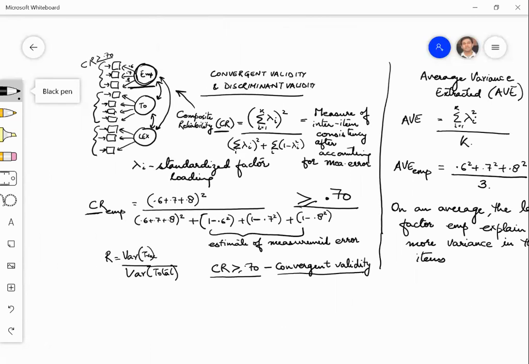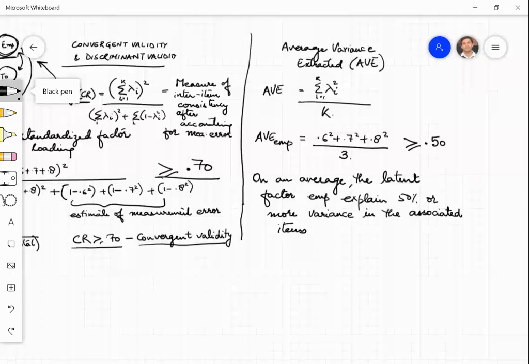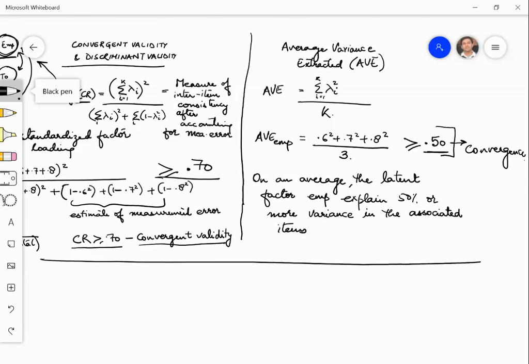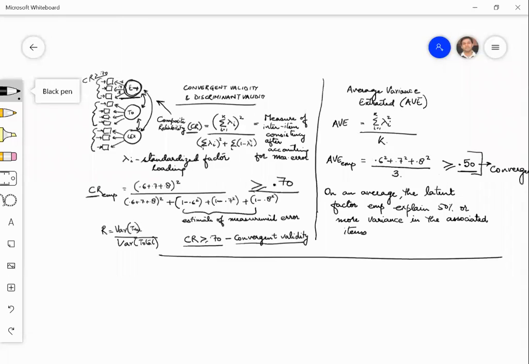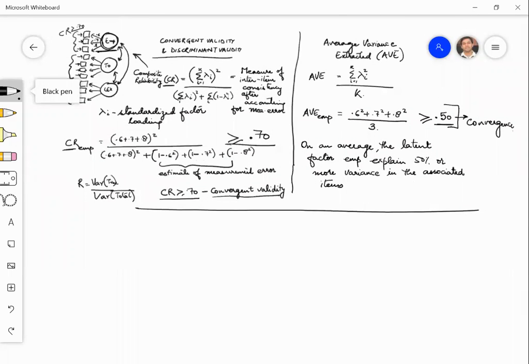So this is again a condition for convergence, or that the items are good indicators of the latent construct EMP.